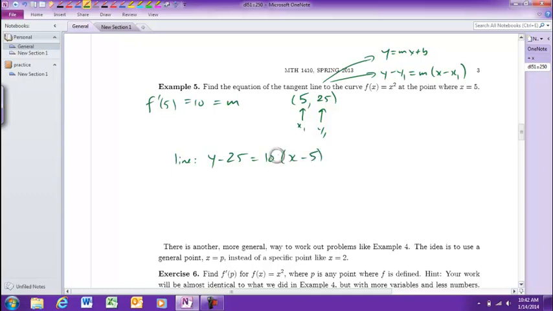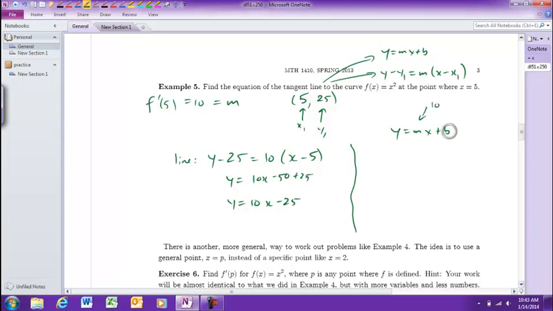And if I multiply this out and add 25 to the other side, this becomes 10x minus 50 plus 25, which simplifies down to y equals 10x minus 25. Some people also do it this way. If you use the slope-intercept form, you have y equals mx plus b. We know that m is equal to 10.